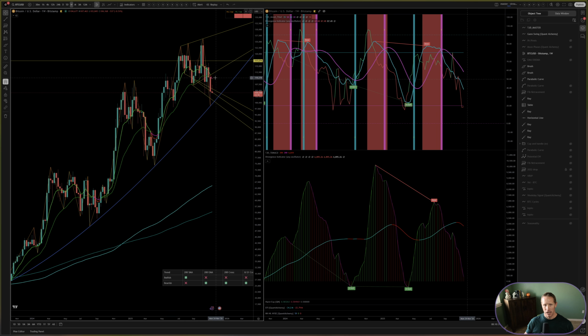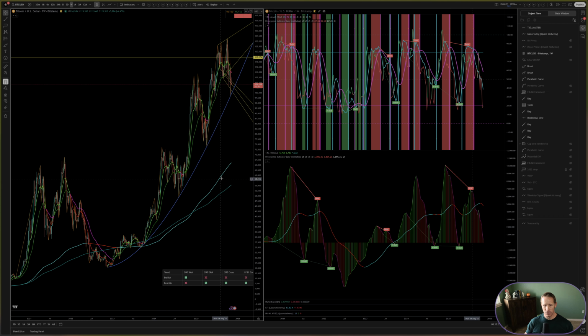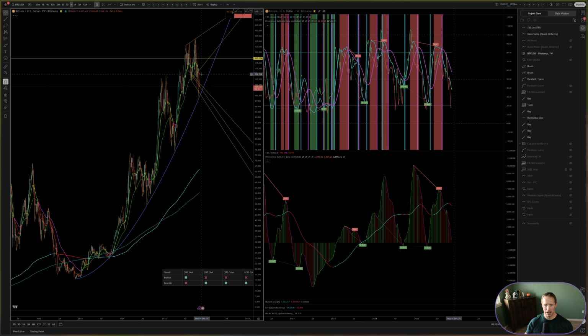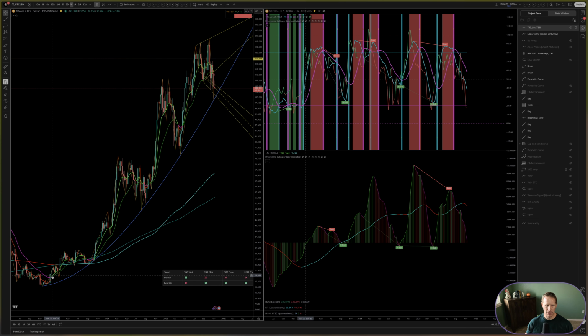So if you are of the opinion that we're still in a macro uptrend, which following the 200s we would be in on the weekly, then this would potentially be an opportunity to look for buy signals. If we look at historically how that's panned out since we turned bullish here, we have the 8/21, and both of these 200s here didn't flip until later, so both being positive is kind of when we get into the macro uptrend.